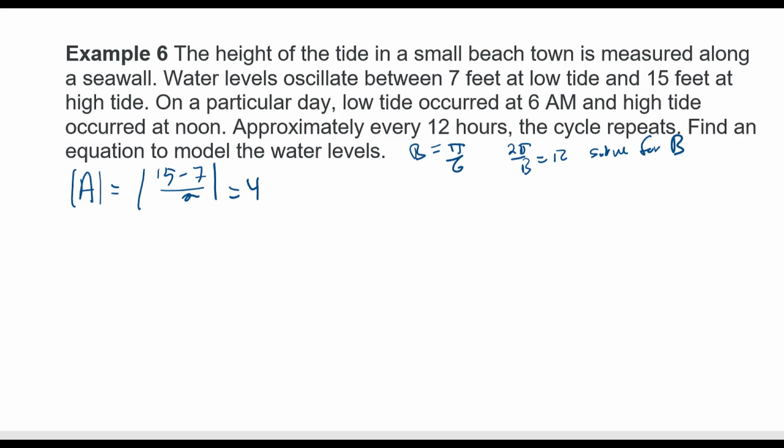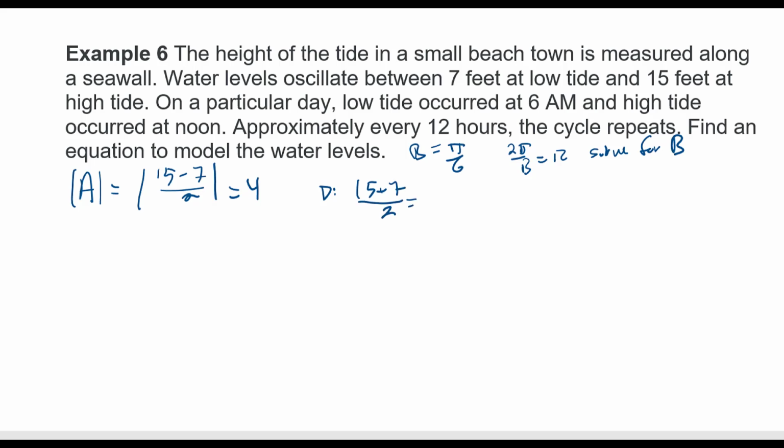And then our D, it's going to be 15 plus 8. Should that be 7? 7 feet and 15. So I'm going to say 15 plus 7, divided by 2.